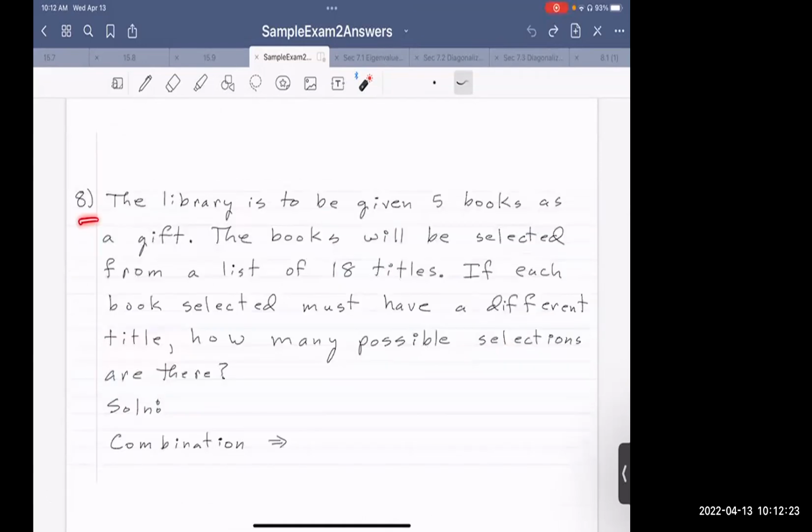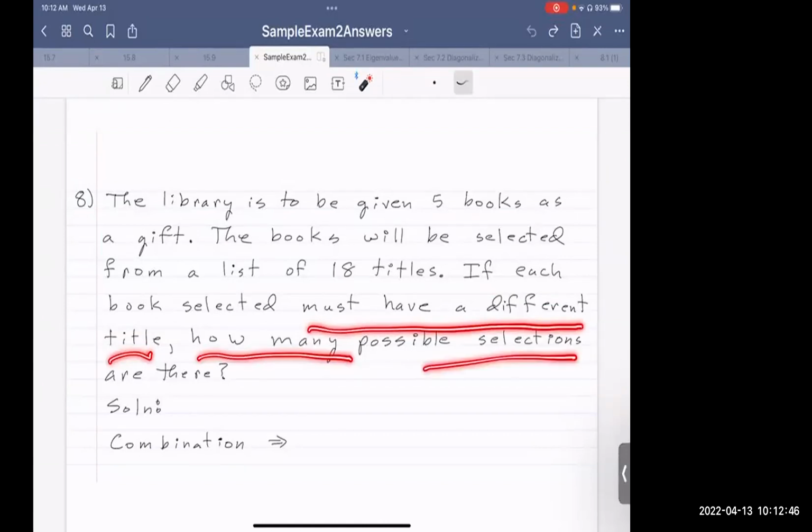Let me do problem number 8. A library is to be given 5 books as a gift. The books will be selected from a list of 18 titles. If each book selected must have a different title, how many possible selections are there?